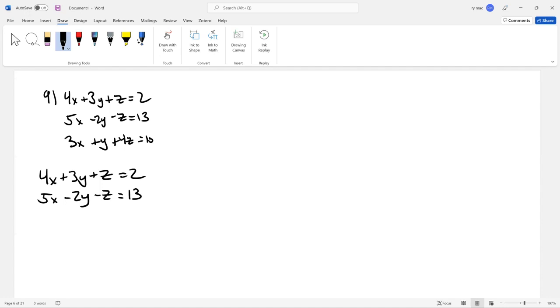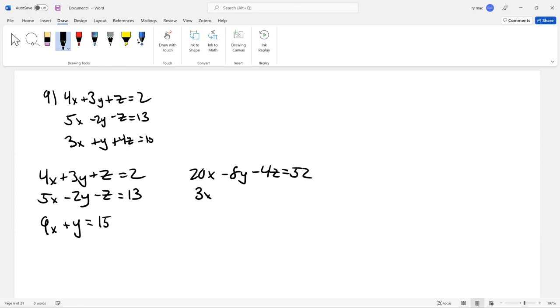All right, so just adding down, I get 9x plus y. My z's cancel, and that's equal to 15. For the next 2, I'm going to multiply the middle equation by 4, so that it cancels with the 4z on the bottom. So just multiplying it out, I get 20x minus 8y minus 4z is equal to 52.